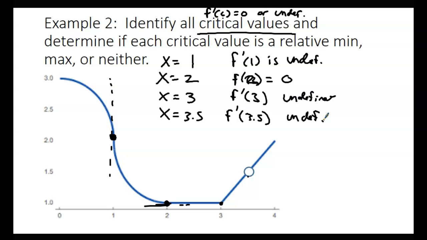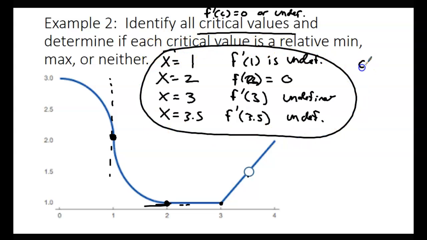All right, now, these are all critical values, so let's circle that and say critical values. Are any of those relative extrema? Like, is 1 a relative min or max, 2, 3, or 3.5? None of them are, right?